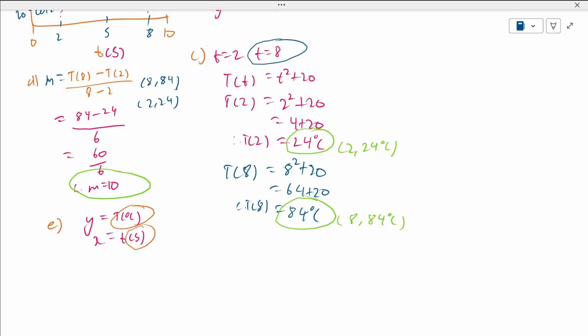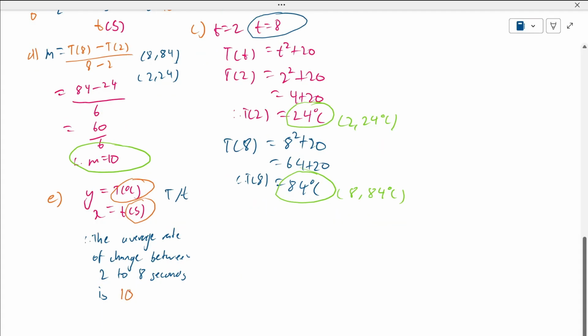Our gradient is 10, which is the temperature per time. So we can say the average rate of change between 2 and 8 seconds is 10 degrees Celsius per second. That is all it is.